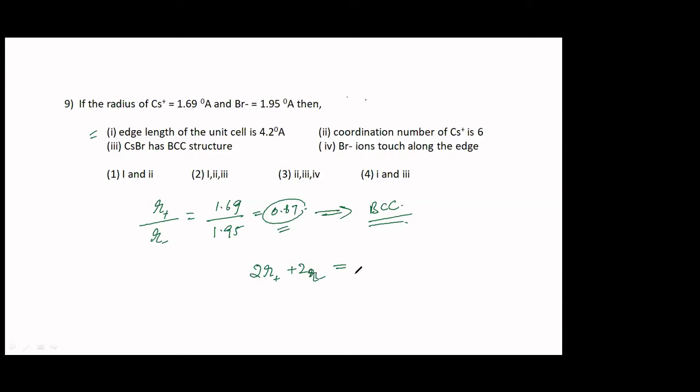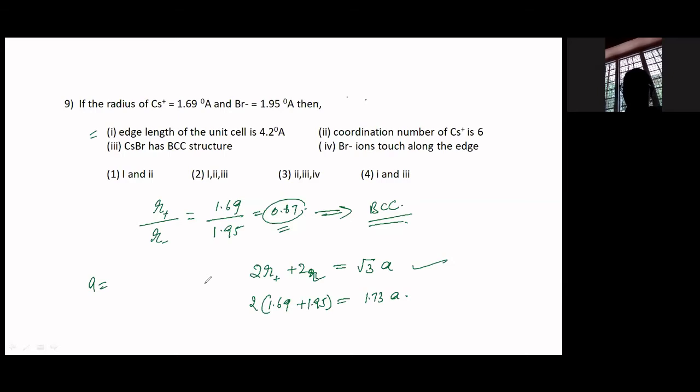R plus R minus should be equal to root 3. Am I right? This is correct? Yes. So 2 into 1.69 plus 1.95 should be equal to root 3, which is 1.73, into A. So A should be equal to 1.69 plus 1.95, 3.64 into 2, 7.28.